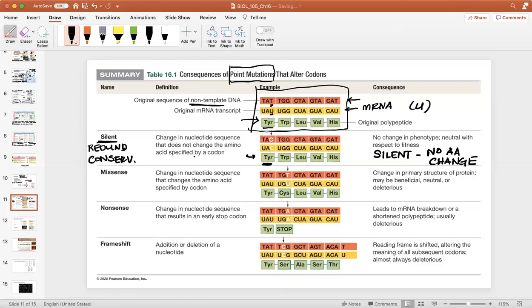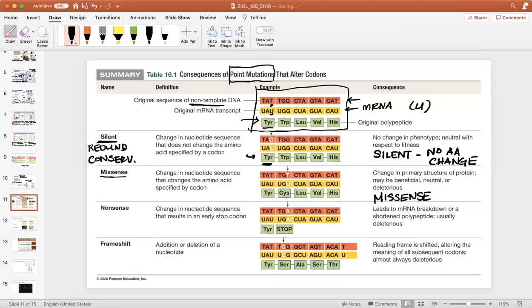Now, there's another type of point mutation that can occur. This one's called a missense mutation. So here, let's look at the second codon. The original DNA sequence was TGG.